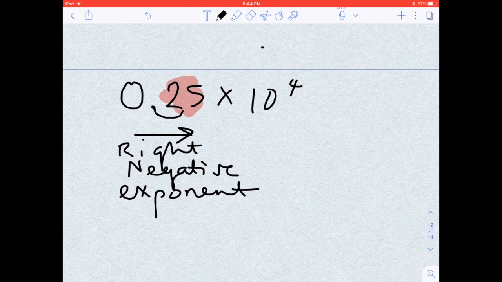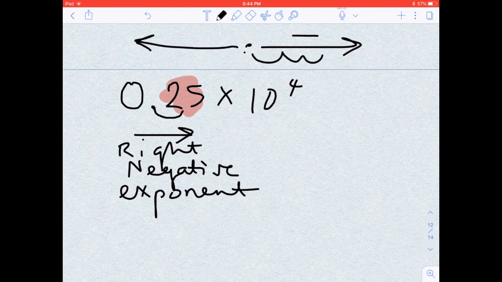Okay, so remember, right is negative if you move your decimal right. If you move left with your decimal, that's going to be positive. It's kind of counterintuitive, but just think about which way am I moving my decimal. I moved it to the right, and now I'm going to get a negative exponent.